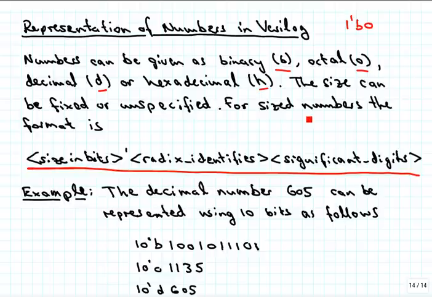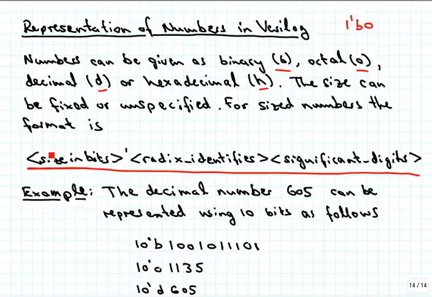We specify the size in bits, then comes an apostrophe, then comes the radix identifier, and then comes the actual number in terms of the significant digits of the number. If we specify fewer digits here than we gave the size in bits, Verilog will automatically pad the numbers with 0 on the left.